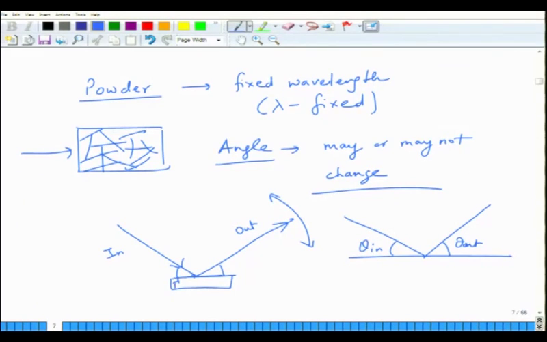So, in case of a powder specimen, since there are multiple orientations present all over the place, you will have diffraction taking place. All you need to do is keep the X-ray beam fixed, you can keep even your sample fixed, you can just move the detector. Whereas, in case of single crystals, you may have to move the sample, you may have to move the incoming beam as well to get maximum diffraction possibility.